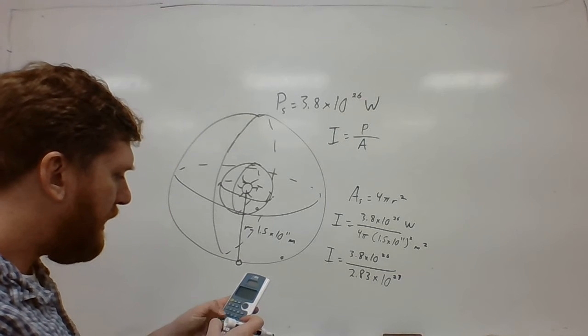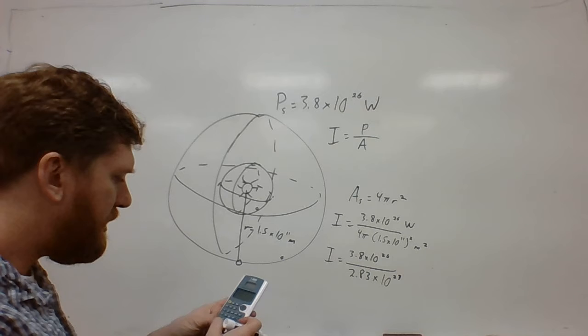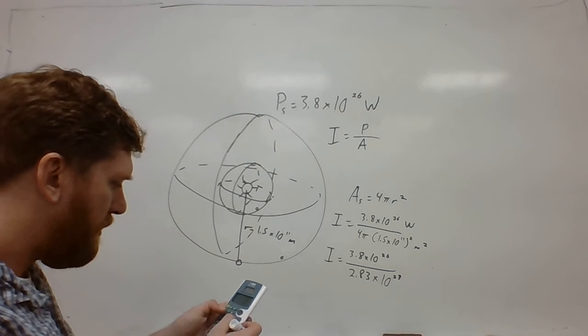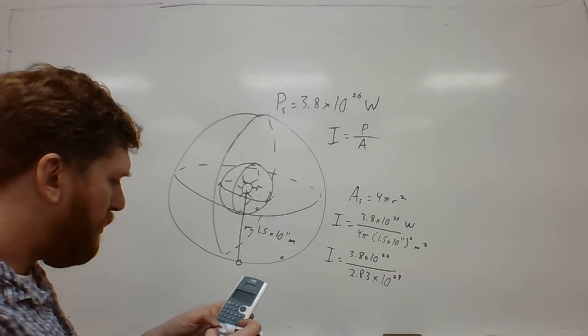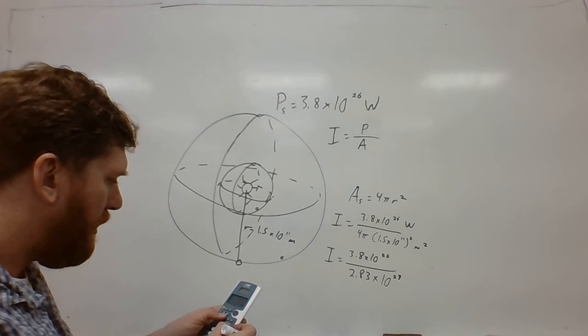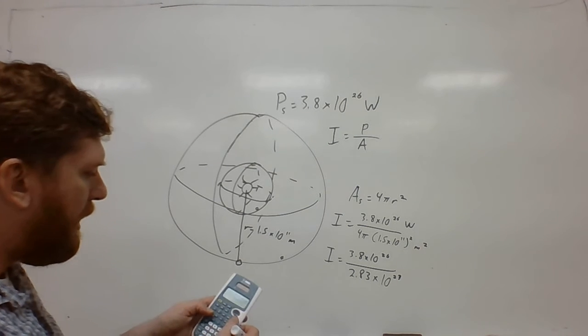So this is 3.8 times 10 to the 26 divided by 2.83 times 10 to the 23rd. And my calculator made a mistake.